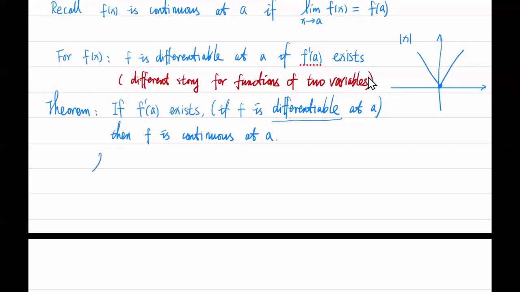So the proof: for this one, the product of limits.